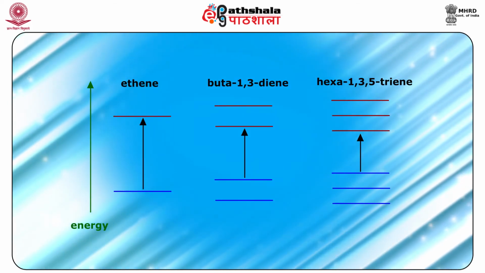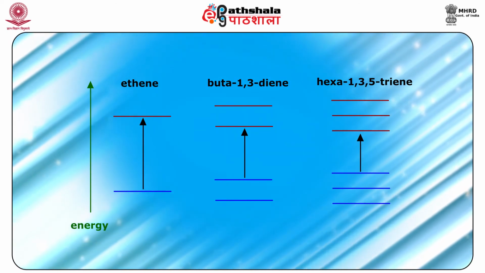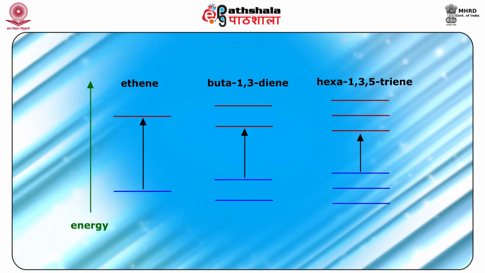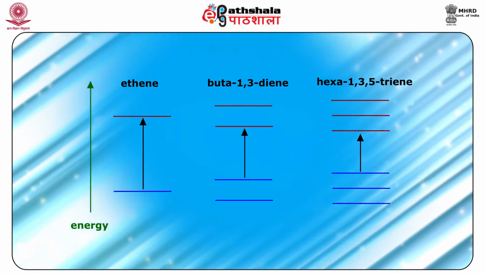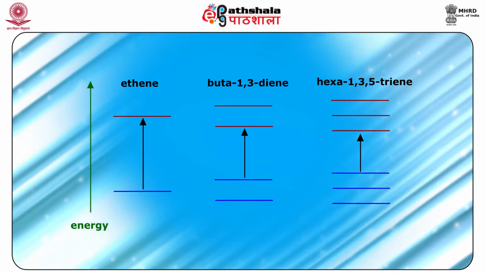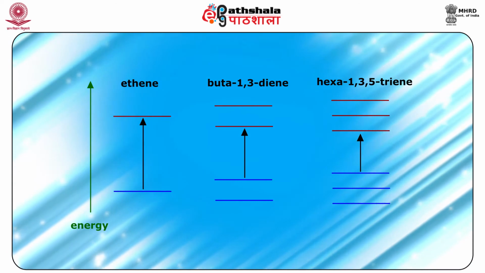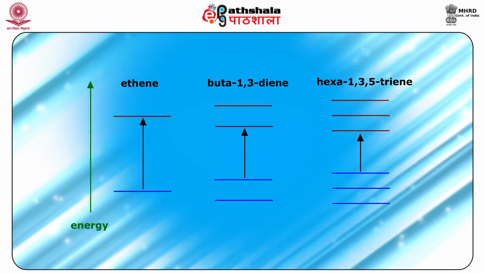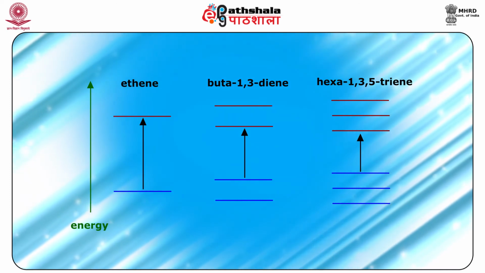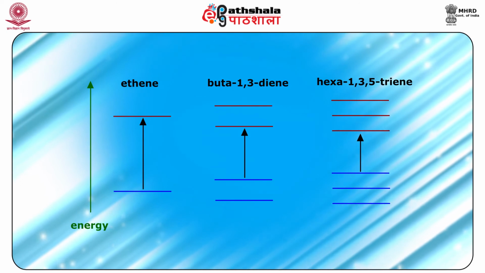For example, ethylene absorbs at 175 nanometer, while 1,3-butadiene absorbs at 217 nanometer with 2 double bonds, whereas 1,3,5-hexatriene absorbs at 258 nanometer because of the presence of 3 conjugated double bonds.